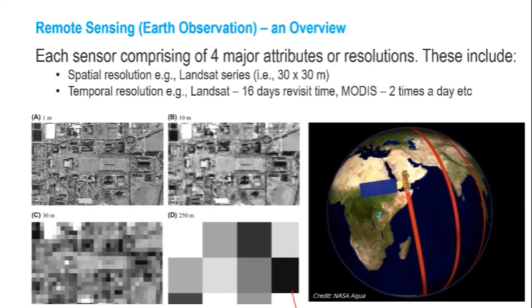Now, on the temporal resolution, we are talking about how frequently the satellite gives you the data. For example, if you are monitoring how a building is changing over time, probably you want to see the rusting.